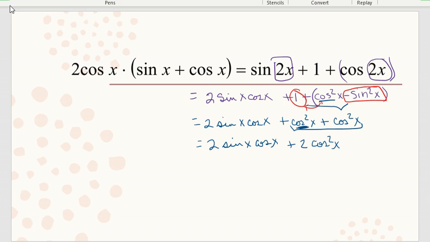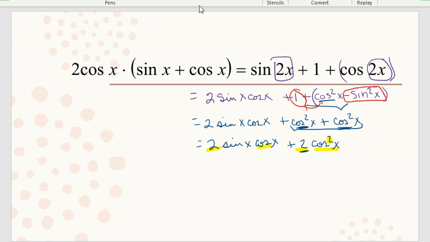Because there's 1 here, that makes 2 here. So far, so good. Next thing I'm going to do, I'm going to underline this. I have a 2 in both pieces. I have a cosine in both pieces, and I know that is a cosine squared, okay?